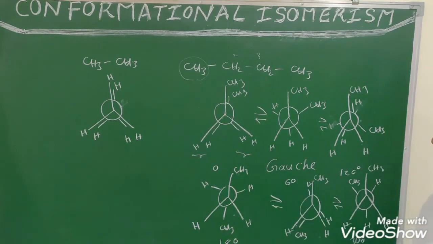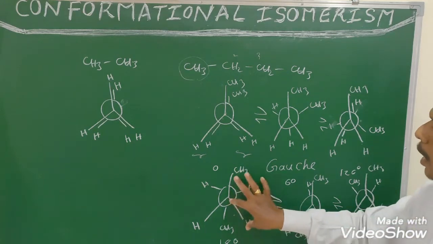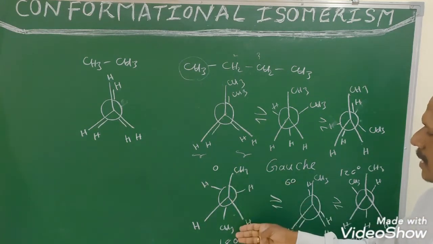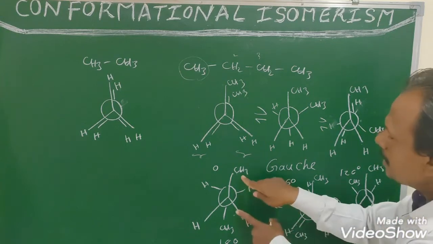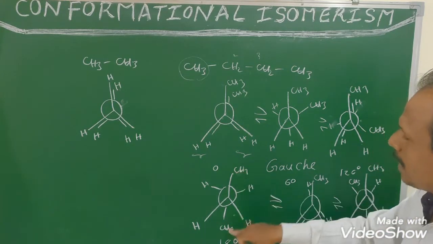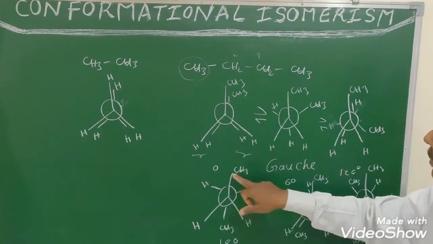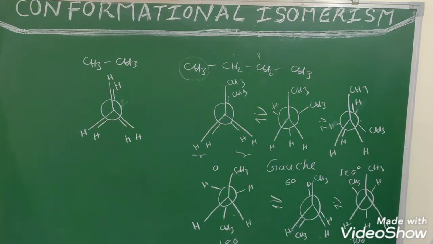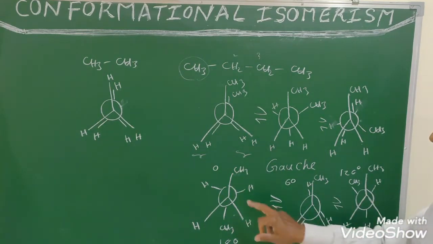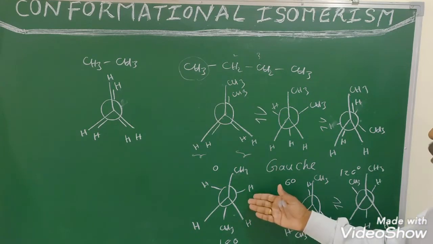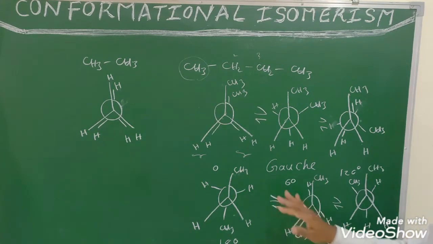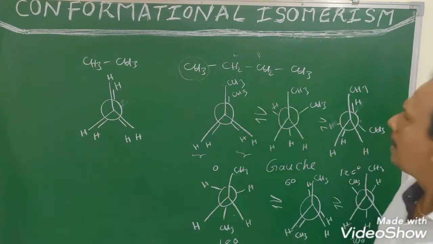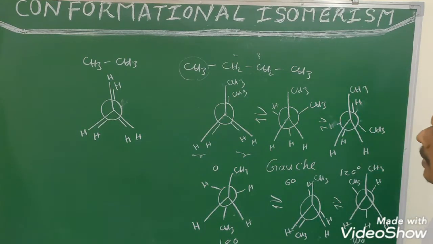Anti is more stable, because here the molecule has less energy and more entropy, since the same groups, methyl and methyl, have minimum repulsion. That means less energy, that means more stability.